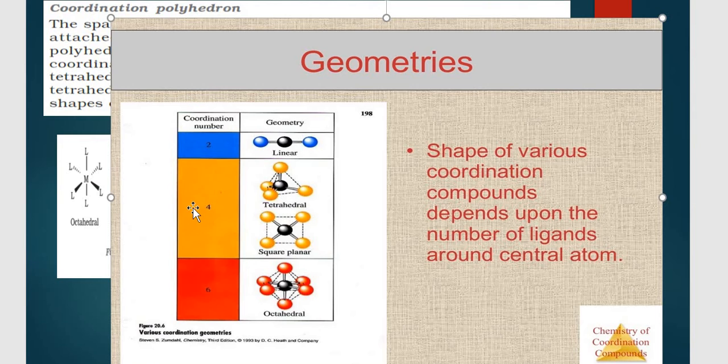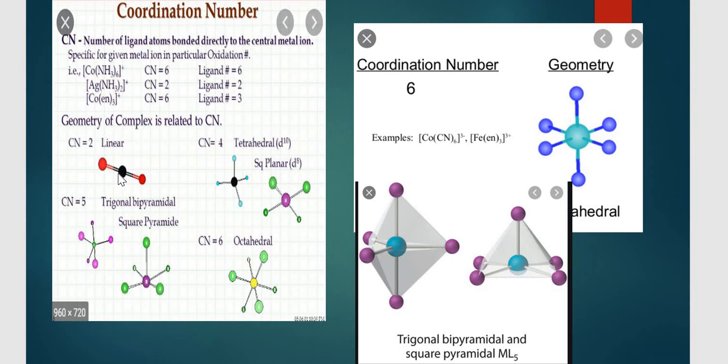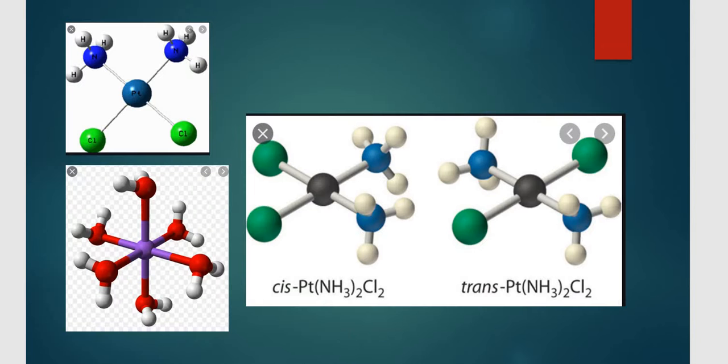If the coordination number is 4, it can be tetrahedral or square planar. If it is 6, it can be octahedral. If the coordination number is 5, it can be trigonal bipyramidal or square pyramidal. This we have done in the chemical bonding chapter also, the different geometries as well as the hybridization.